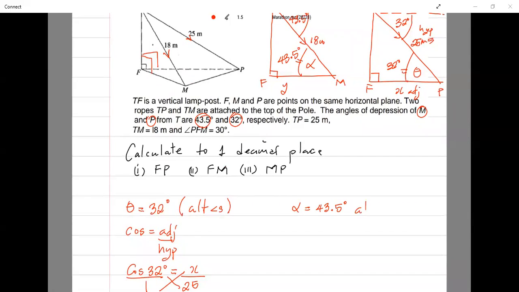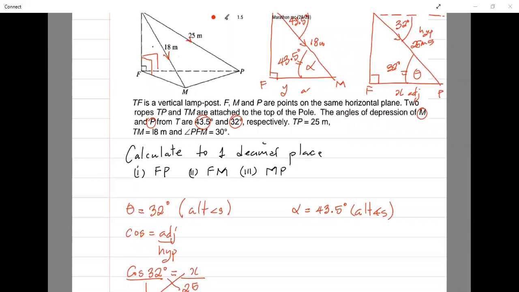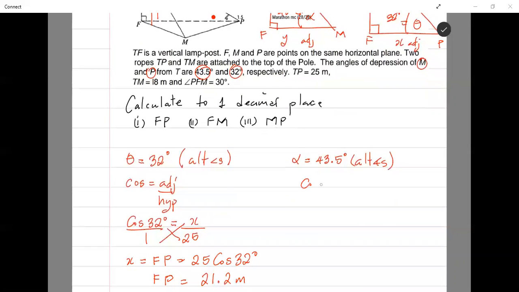They are alternate angles. Then this is adjacent. This is hypotenuse. Then the cosine of 43.5 degrees is equal to adjacent y over hypotenuse 18.